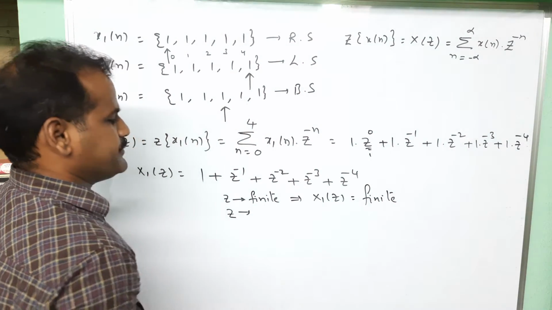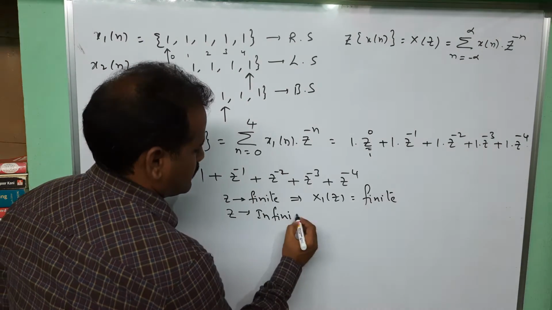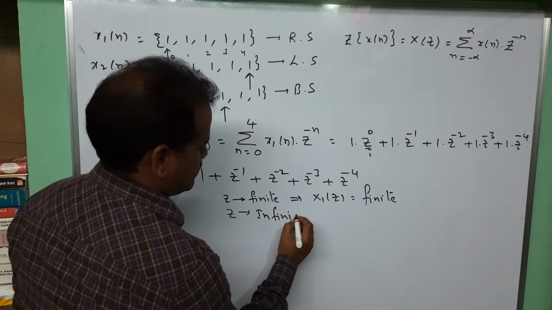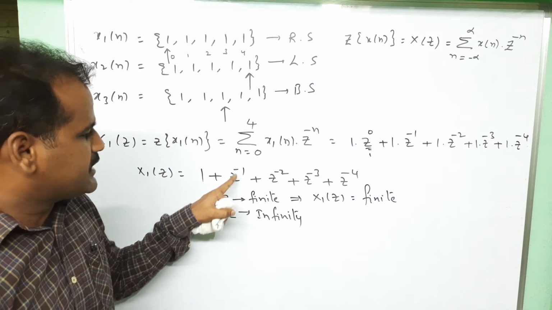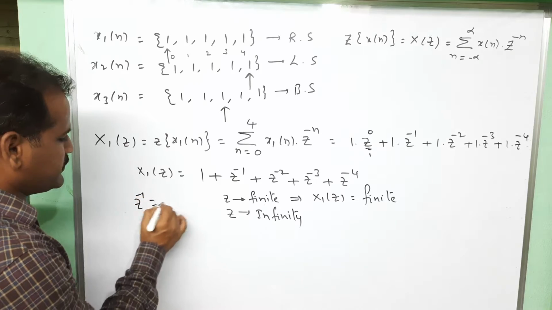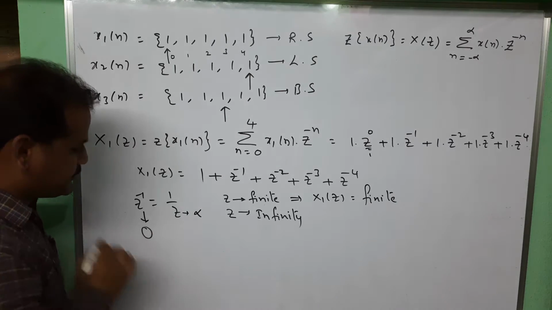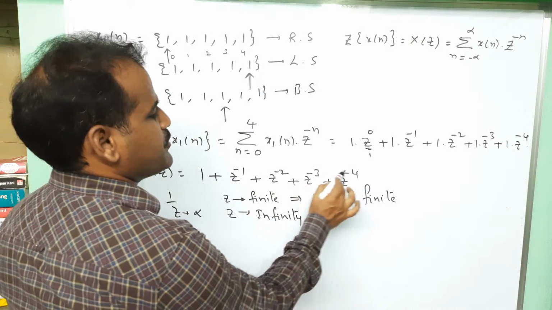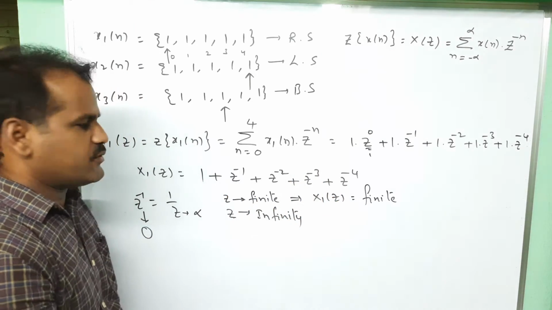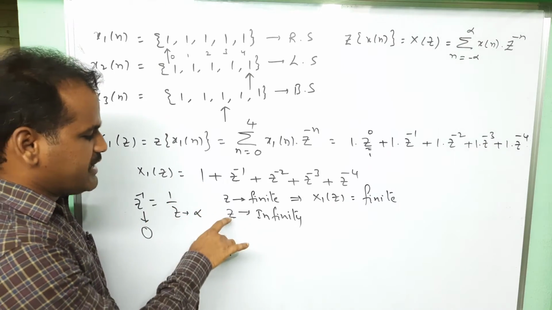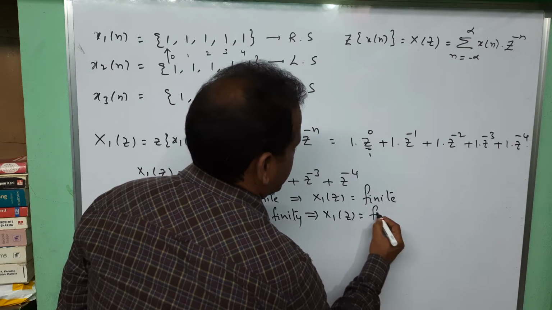If z value is infinity, then z inverse, that is 1 by z, tends to 0. Similarly, all negative powers tend to 0 for z tending to infinity. We will get 1, that is a finite value. So even with z going to infinity, x1 of z is not going to infinity, it is still finite.